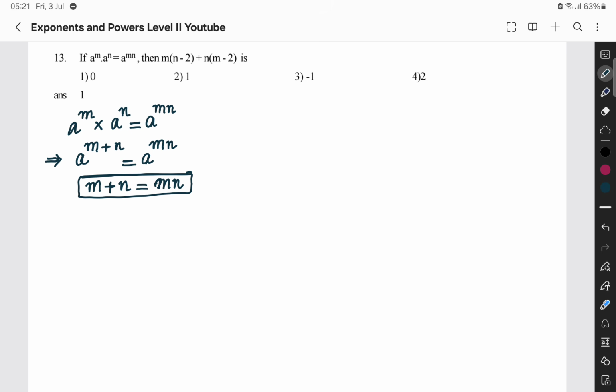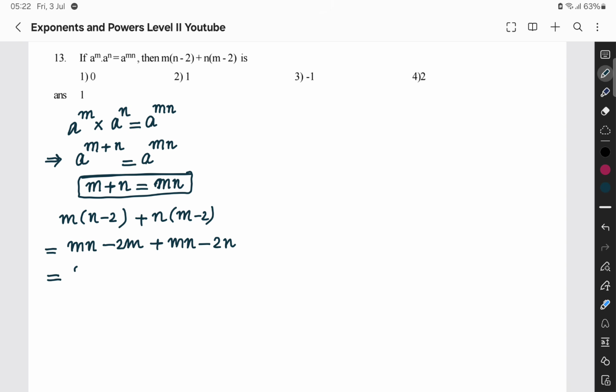What is given? What you are supposed to find? m into n minus 2 plus n into m minus 2. So it is mn minus 2m plus mn minus 2n.